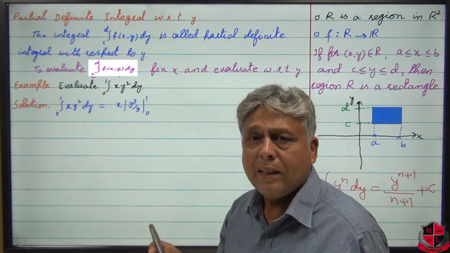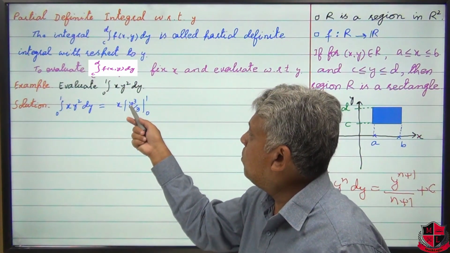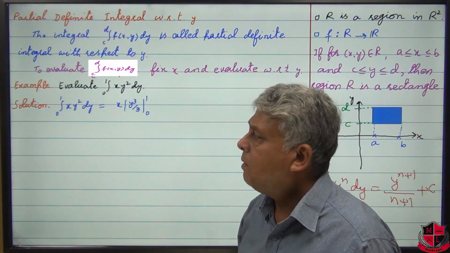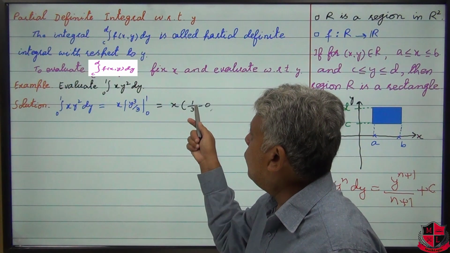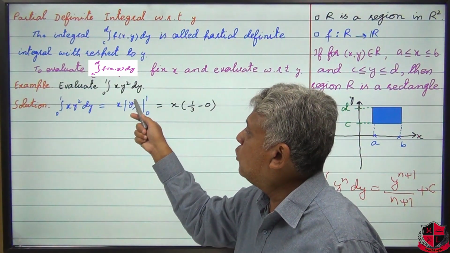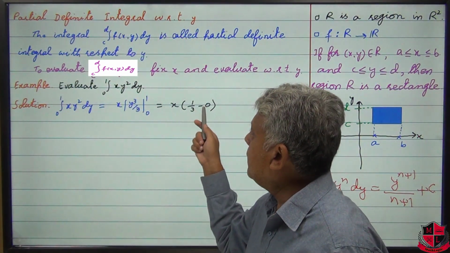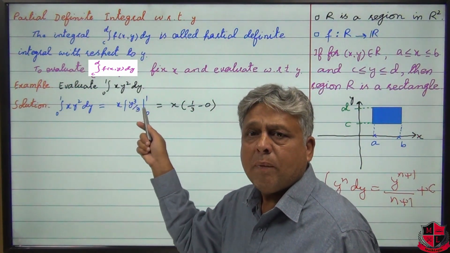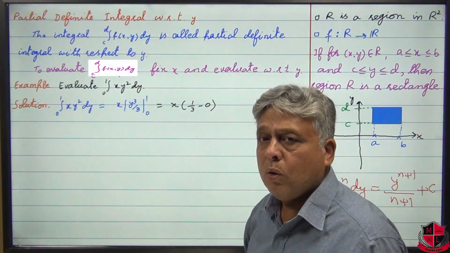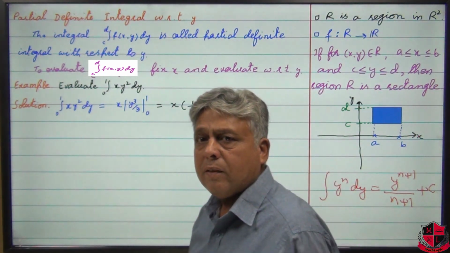And how shall we apply these limits? Replace y by the upper limit 1, so we have 1 by 3, since 1's cube is 1, minus replace y by the lower limit 0, so it is 0, and the answer is x by 3.